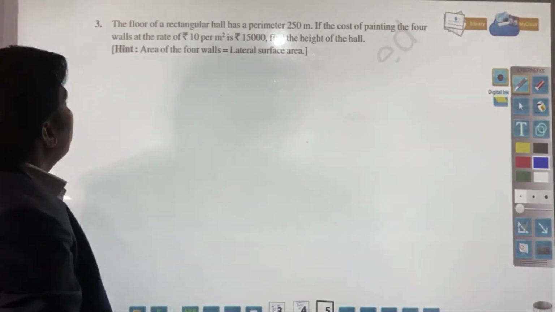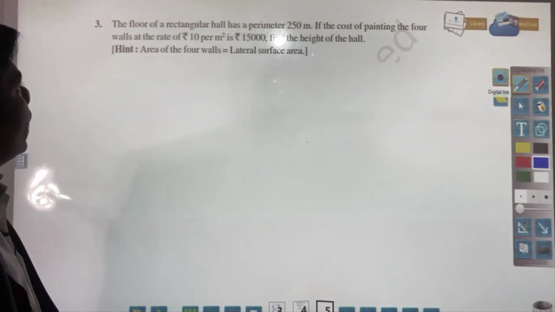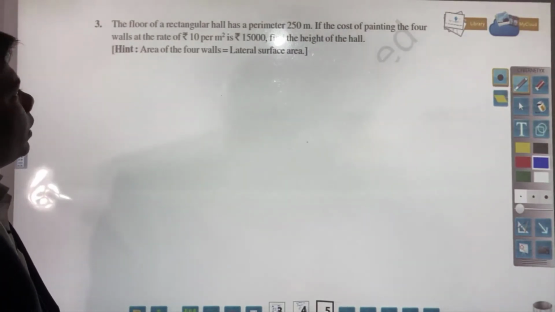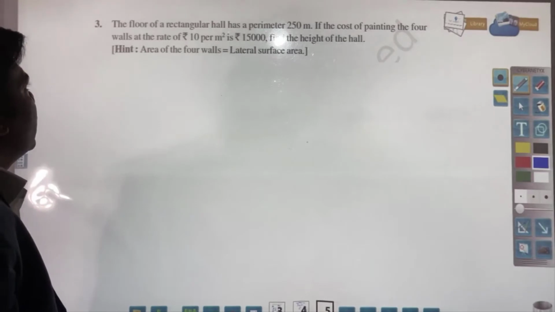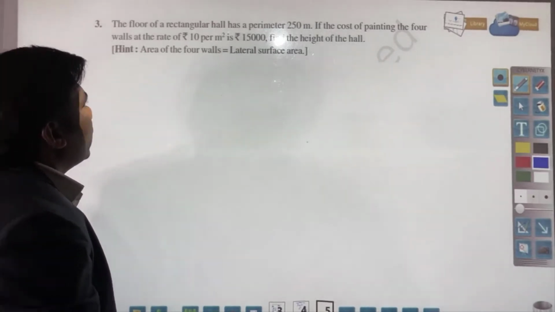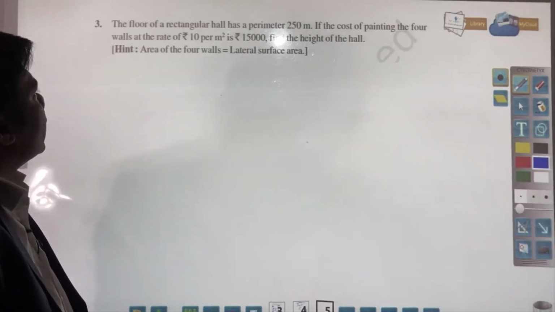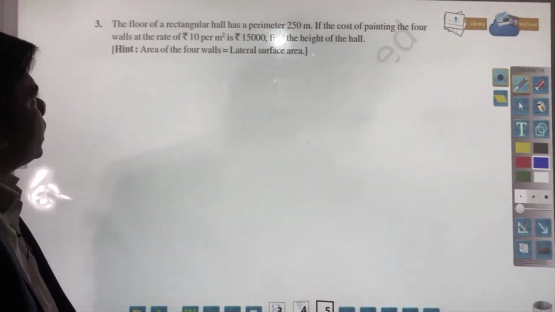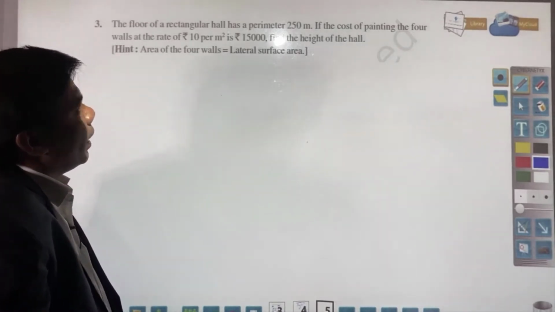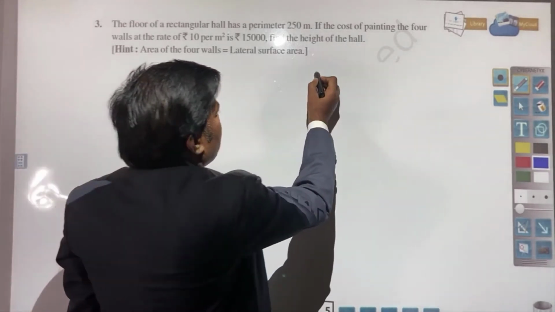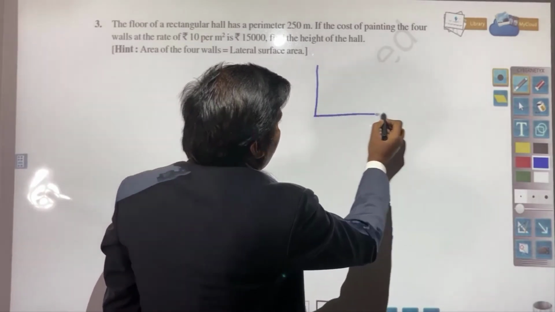Here you have the floor of a rectangular hall has a perimeter 250 meter. If the cost of painting the 4 walls at the rate of rupees 10 per meter square is 15,000 rupees, find the height of the hall. The same type of figure is required to be made.